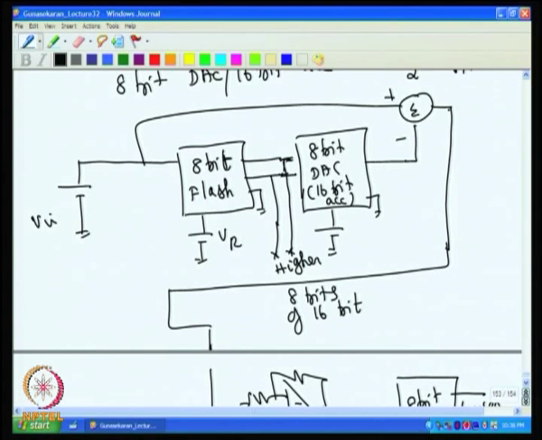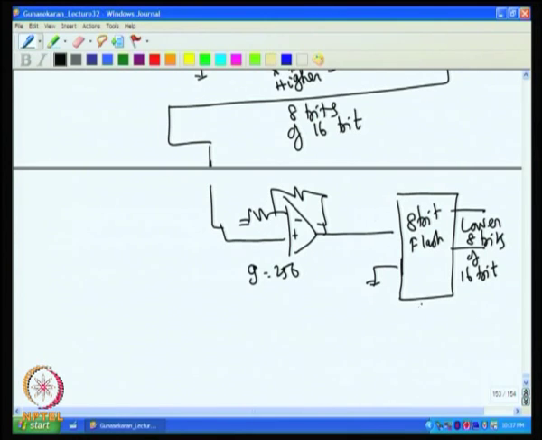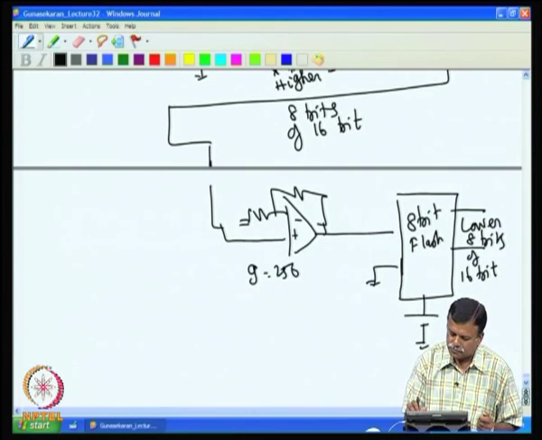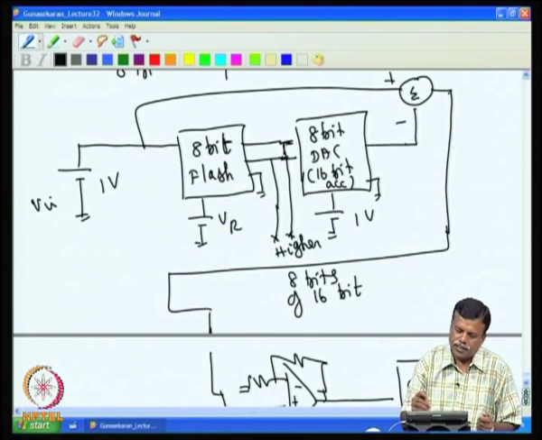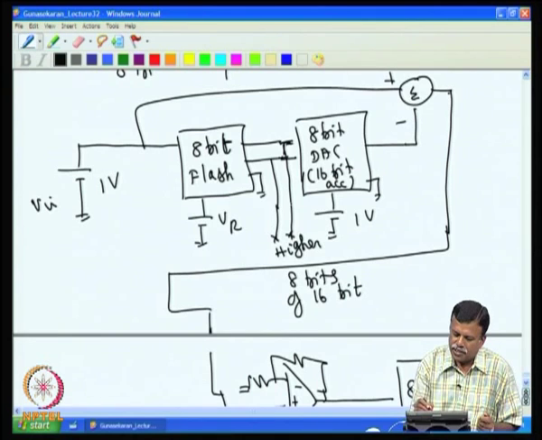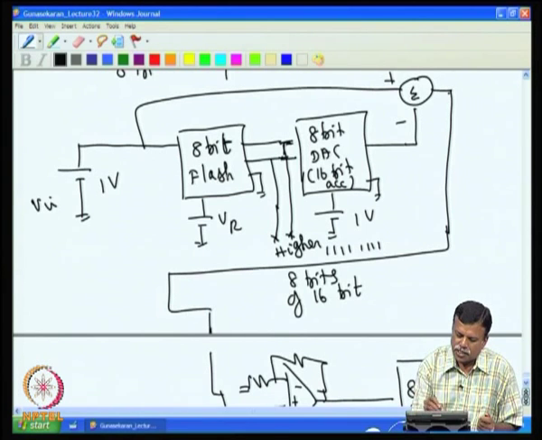Now, how is this working? For example, if I give 1 volt as input, and my reference is taken as 1 volt, and for this one also I take 1 volt. Then if you analyze the circuit, the 8 bit converter would have converted this and given all of them equal to 111 and 111, and of course, this also has to be of 16 bit accuracy.